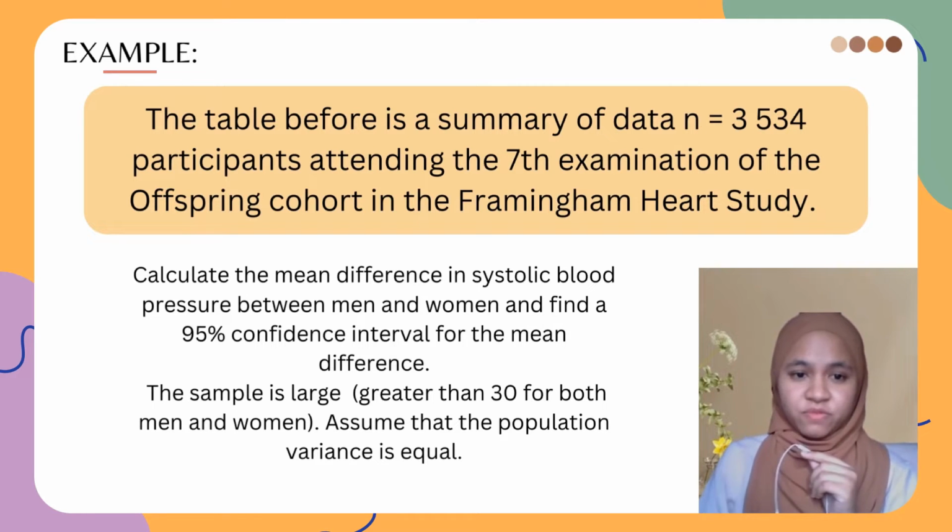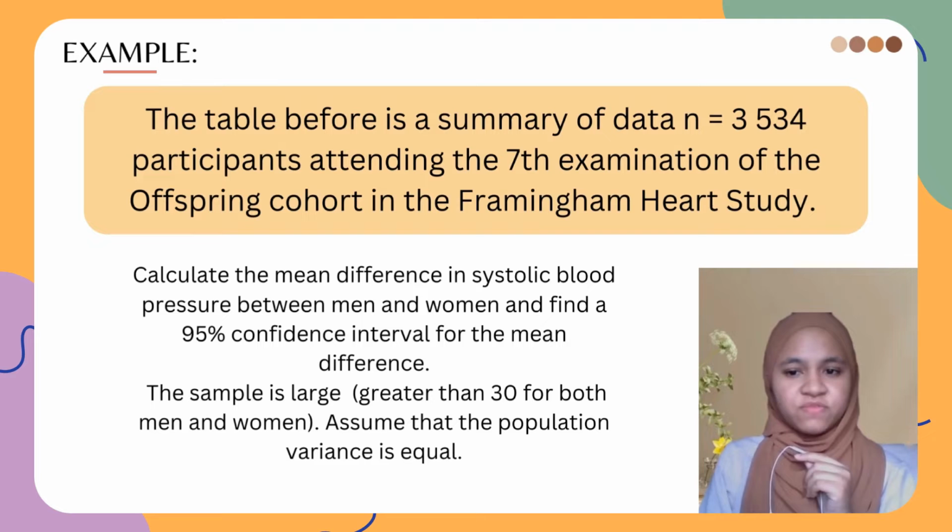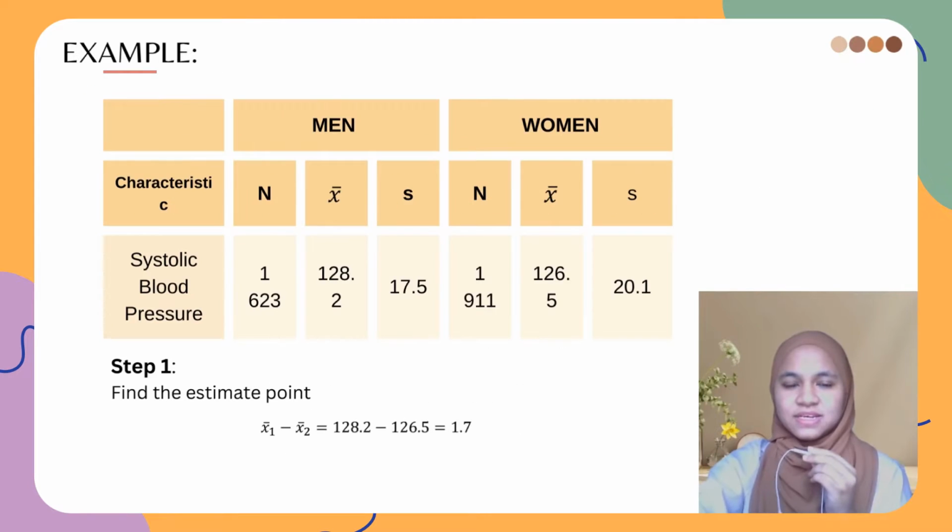From the data before, calculate the mean difference in systolic blood pressure between men and women and find a 95% confidence interval for the mean difference. The sample is large, greater than 30 for both men and women. Assume that the population variance is equal.